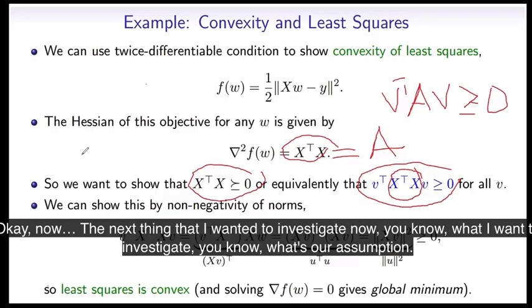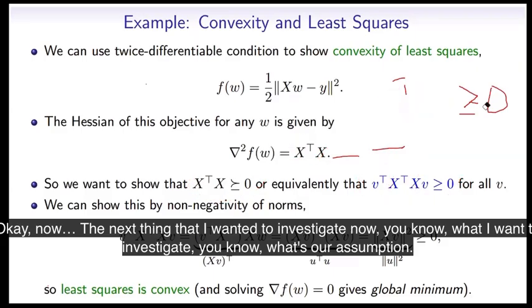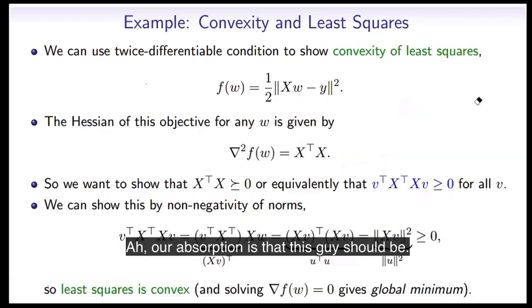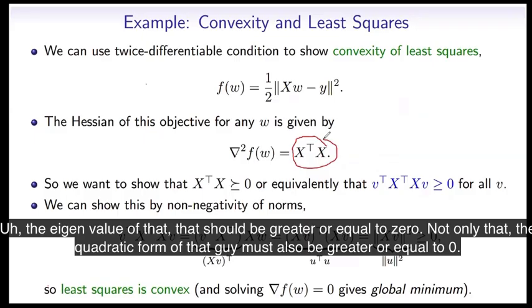Okay, now the next thing that I wanted to investigate is what our assumptions are. Our assumption is that the eigenvalue of that guy should be greater or equal to zero. Not only that, the quadratic form of that guy must also be greater or equal to zero.